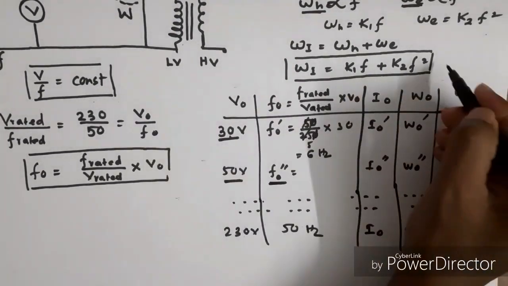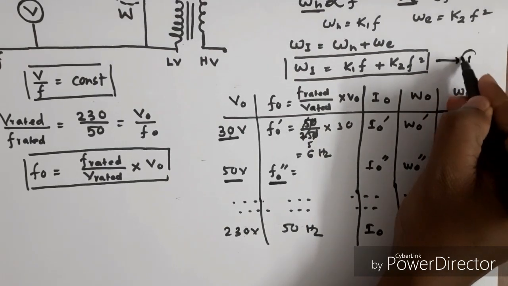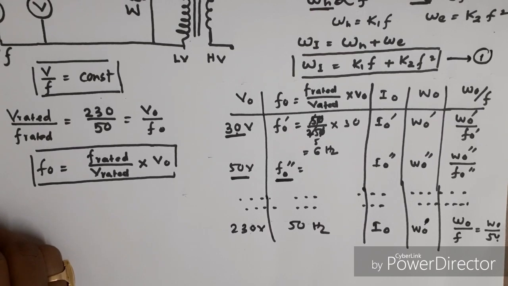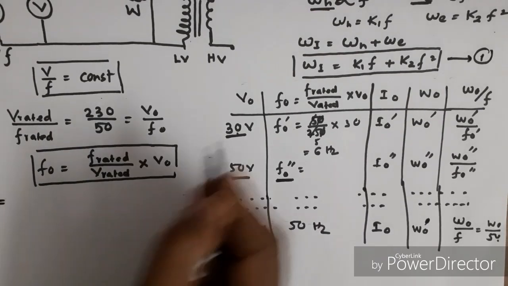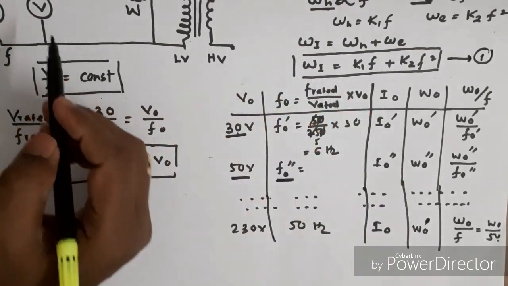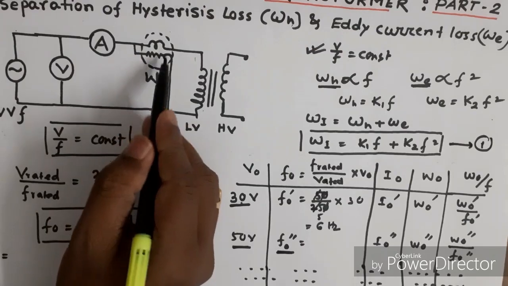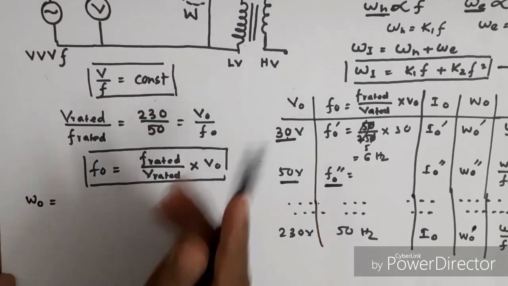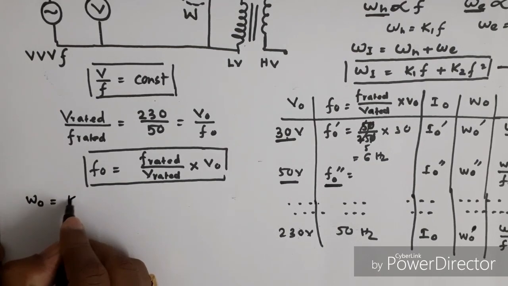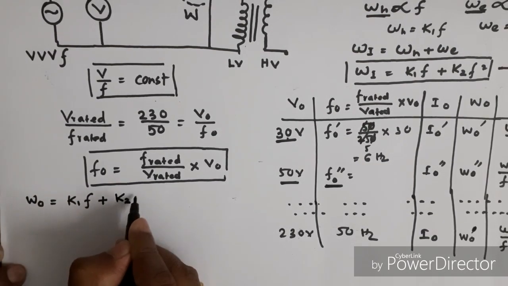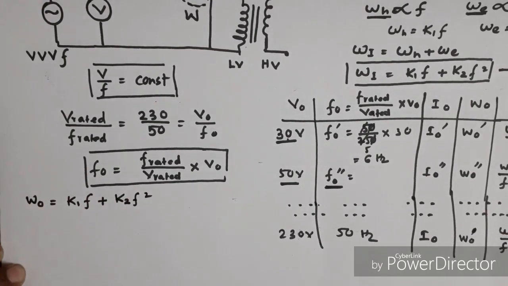then from this relation, suppose this is equation number 1, we can write W0 equal to iron loss W of I, which is represented by the wattmeter. Therefore, W0 equal to K1 into F plus K2 into F square.